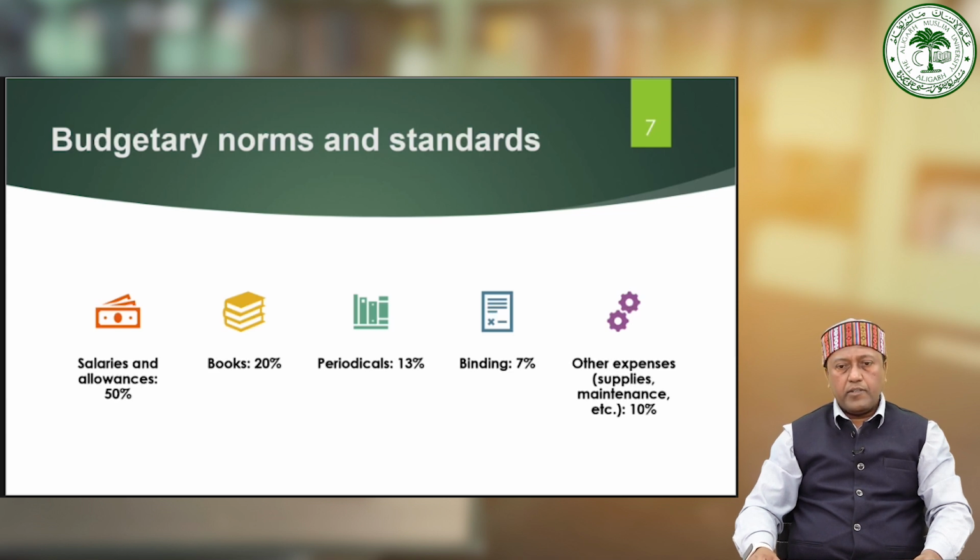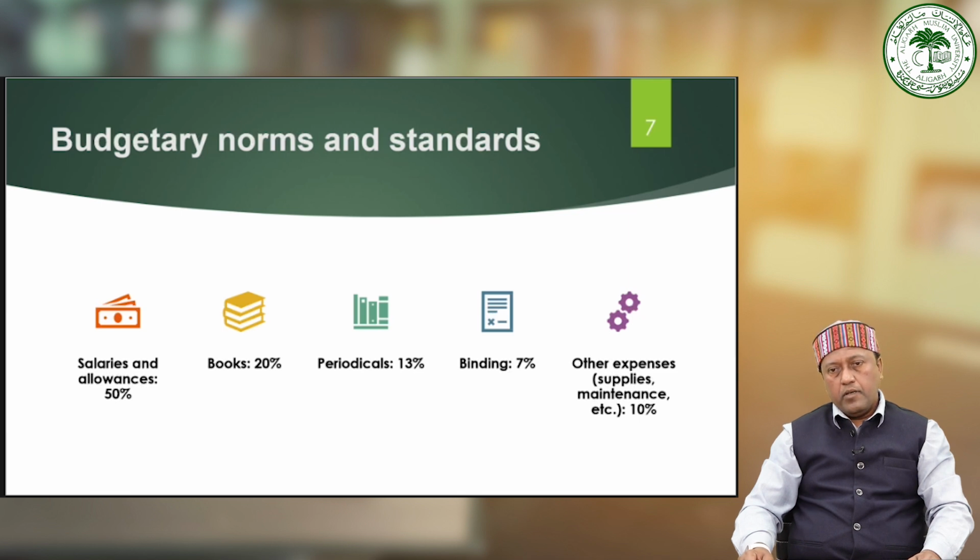The focus is on salaries and allowances, followed by the allocation for books and periodicals, binding, and other expenses. Instead of research periodicals, you can go for secondary periodicals, or deviate a little and go for a good number of books. You can increase from 20% to 25%, and the rest of the amount can be spent on facilities for the public libraries.